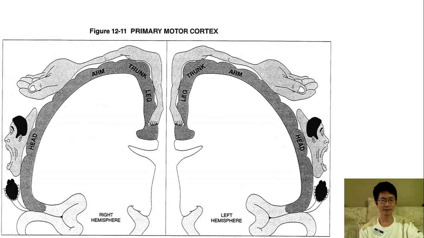All right. We finished the lowest level, or the local level. Now we start the middle level. In the middle level, we'll first talk about the sensorimotor cortex.